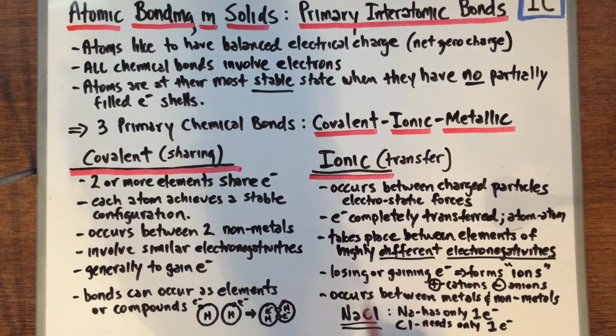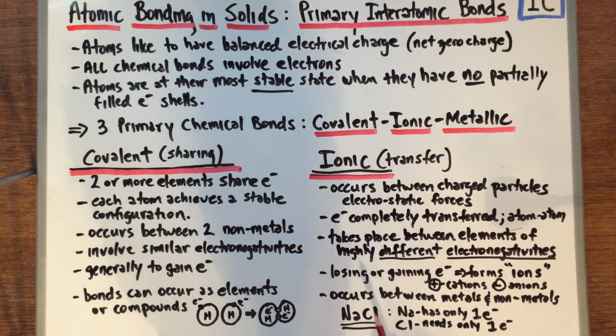So it is losing or gaining electrons, which forms what we called ions yesterday. We know that electron deficient atoms are known as cations, because they have a positive charge, whereas on the opposite side you have anions, which are negatively charged. Those are the two ions working here, and it occurs between metals and nonmetals, whereas covalent occurs between two nonmetals.